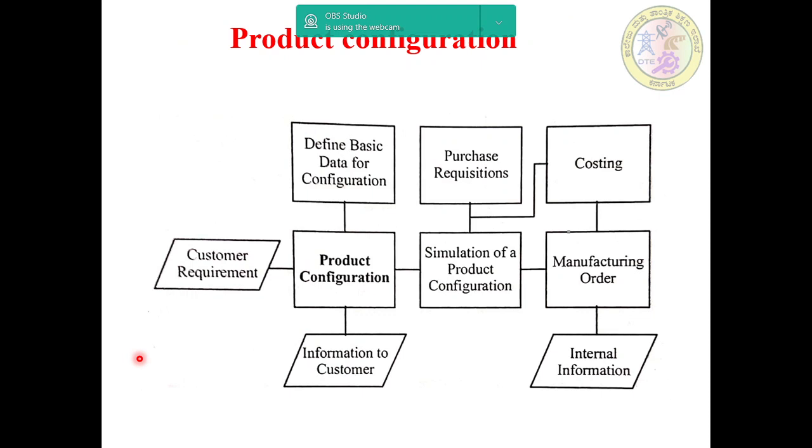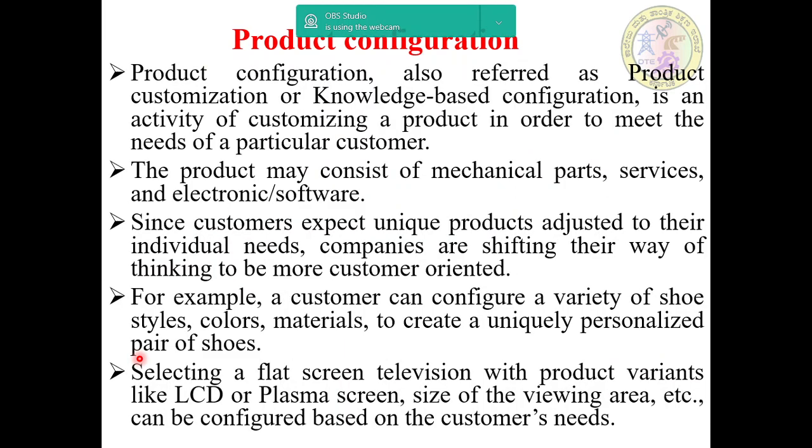Next we'll go for product configuration. Product configuration, also referred to as product customization or knowledge based configuration, is an activity of customizing a product in order to meet the needs of a particular customer. The product may consist of mechanical parts, services, and electronics, or it may be software.